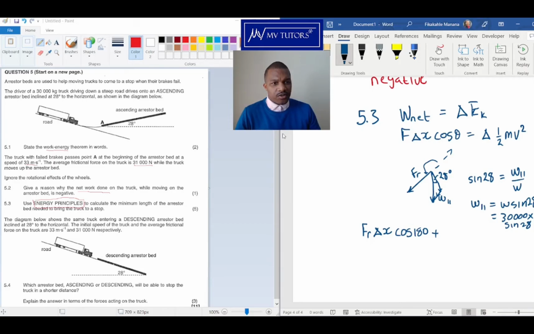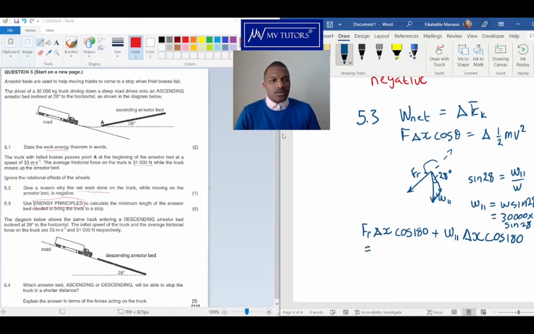When it comes to the weight component, parallel weight, its change in x, and then cos 180. That's the friction side, that's the force side, because it's also acting at 180.